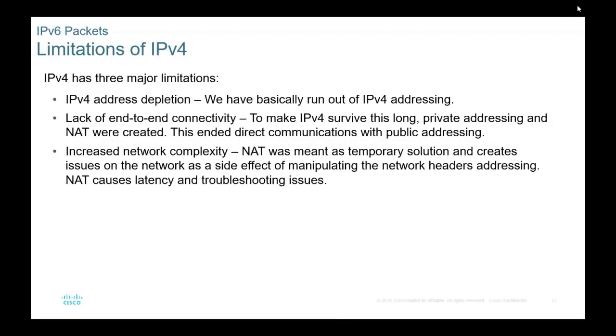So 4 billion was probably more than sufficient for the number of computers at the time they invented TCP/IP. But mind you, this is when only military and universities had computers. So it's not enough. Basically we ran out of IPv4 addresses a long time ago, and because of that we use what's called NAT. We spoke about NAT before, network address translation.